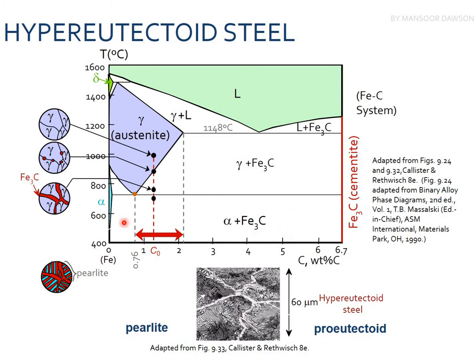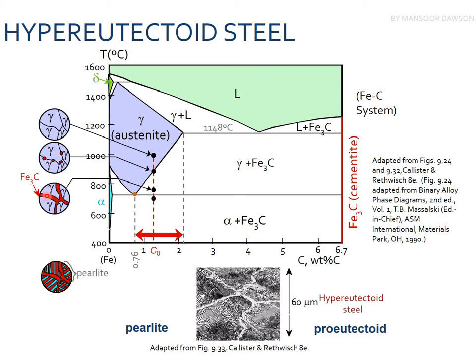Similarly, you can do it for the hypereutectoid steels, which have compositions greater than the eutectoid steel. On the eutectoid steel you just get pearlite, but on the hypereutectoid part, up to 2% carbon, you will get the proeutectoid cementite phase.